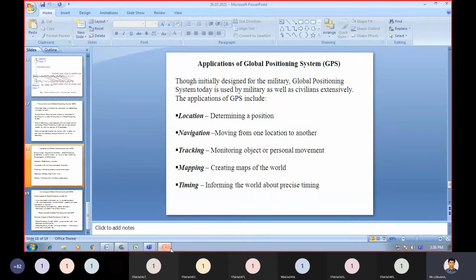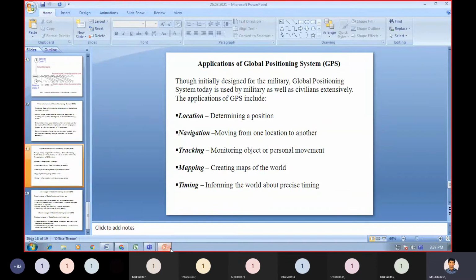This system today is used for military as well as civilian purposes extensively. The applications of GPS include finding location, which means determining the position. If you determine the position, then only will you be able to trace the location. Then navigation, moving from one location to another location.